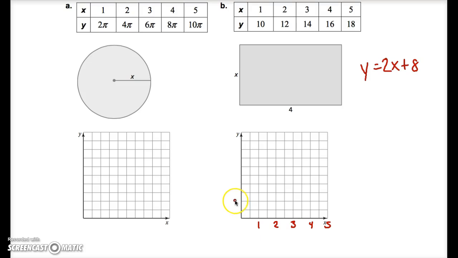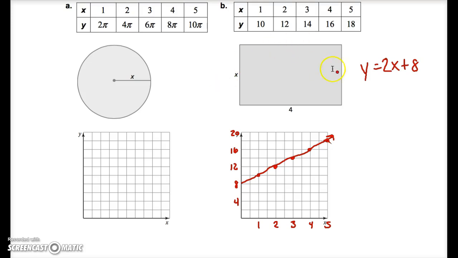But going up, I'm going to go by 4s because the numbers are a little bit bigger. Okay, and then I just plot the points. So 1, 10 would be about right there. 2, 12. 3, 14. 4, 16. 5, 18. And if I were to continue this line, I would also have a point at 0, 8.